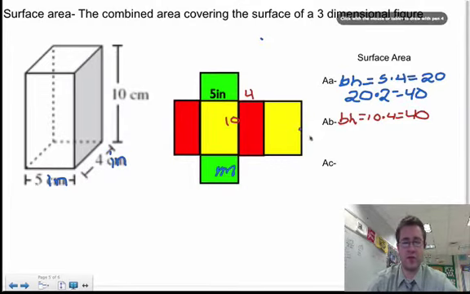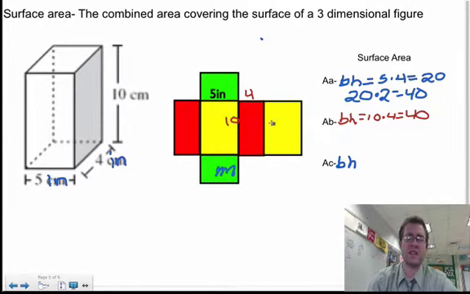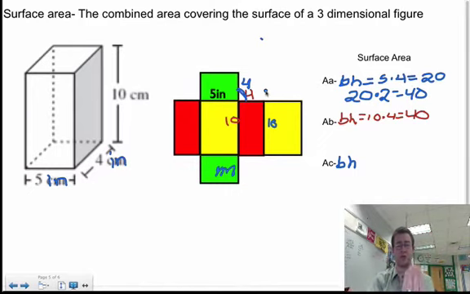Okay, now we got area of C, which is in yellow. I'm going to make it in blue, so we have a different color. And that's also a rectangle, so it's base times height. Let's take a look at its dimensions here. If this is 10, this would also be 10. Now, if I take a look here, this was a 5 by 4, so this was 4 inches, because these fold together. When they fold up, the one goes up here, this is the back, and then the red goes from here and connects.